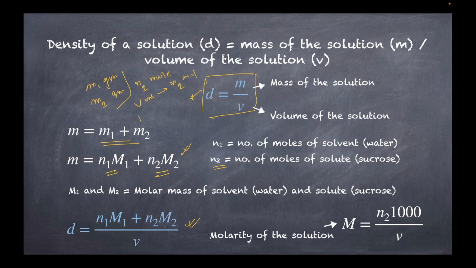So in 1000 ml solution, how many mole of sucrose will be there? n2 times 1000 divided by V. So this is another expression of molarity, right? So molarity of the solution, let's say capital M, will be n2 times 1000 divided by V, where n2 is the number of moles of solute, in this case sucrose, times 1000 divided by V, where V means the volume of the solution in ml.